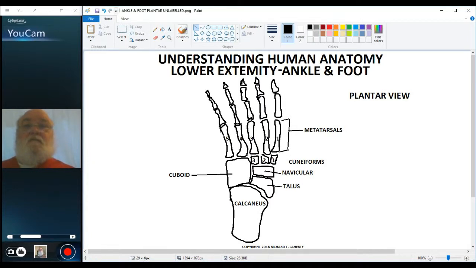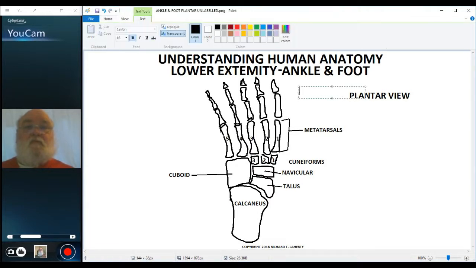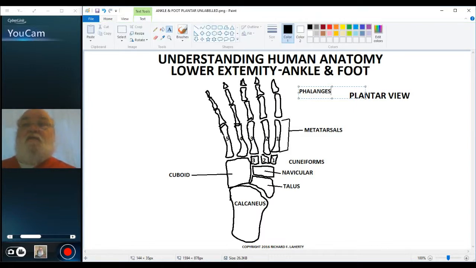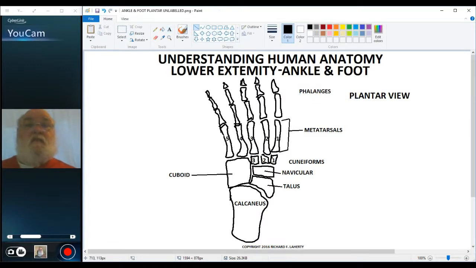And then the phalanges, and again I'll use a bracket to show the phalanges.